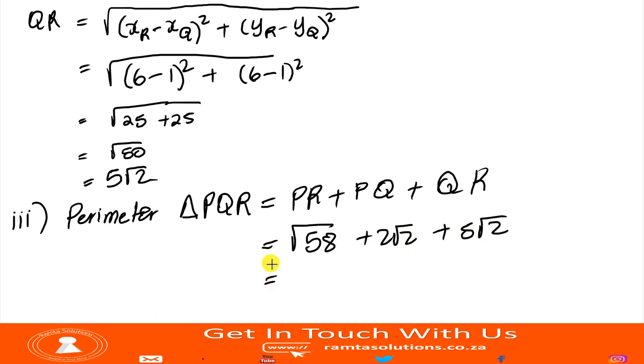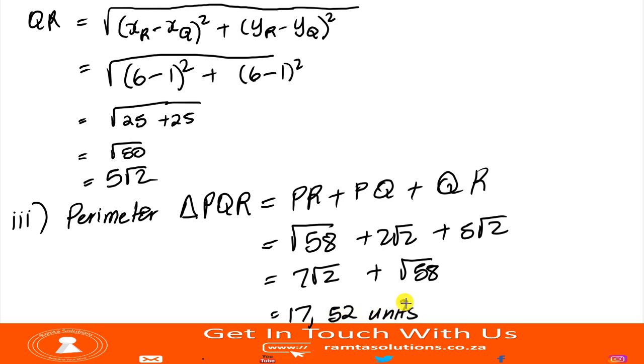If your exam allows you to leave it, this is 7 root 2 plus square root of 58. If you like, you can use your calculator, and it's 17.52 units.